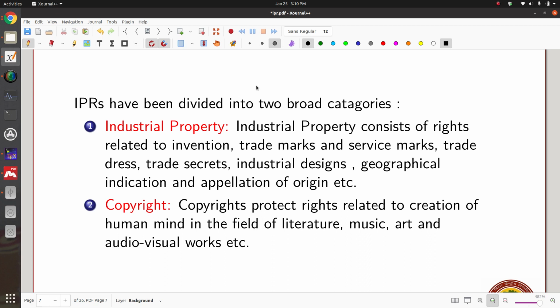Then there is another class of properties that are referred to as the copyright category.